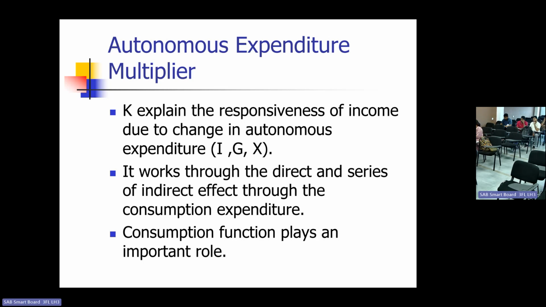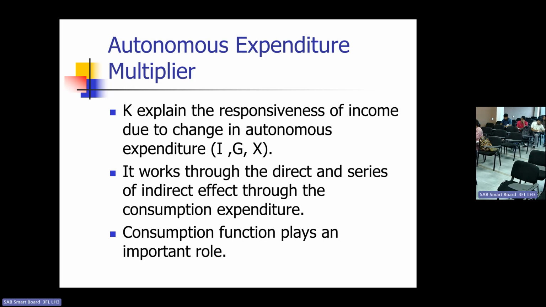And then here there is YD. Now the government sector is also there, so there can be different tax functions. One is the lump sum tax, which is a given amount.